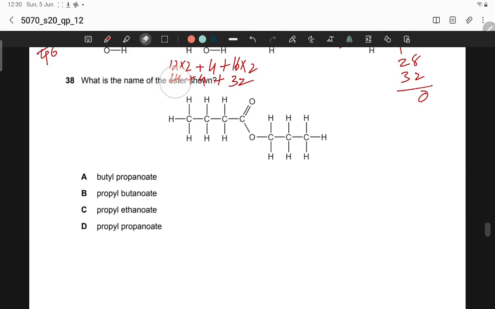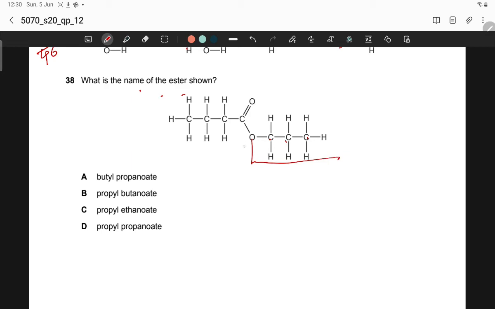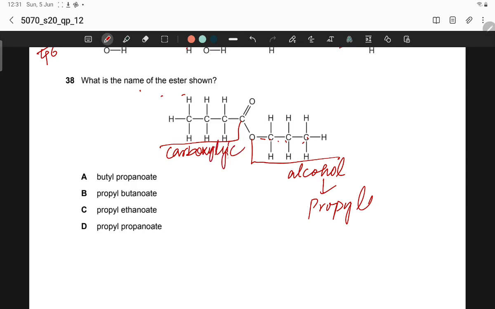Question number 38. What is the name of the ester shown? 1, 2, 3. The O is the alcohol part, and it is converted into 1, 2, 3 propyl, and the C double bond O part is carboxylic, and over here 1, 2, 3, 4 carbon, so this is butanoate.